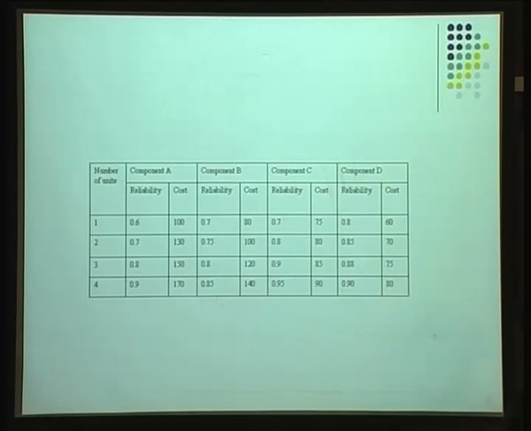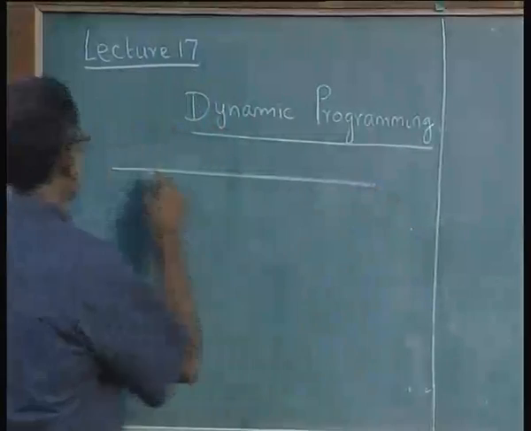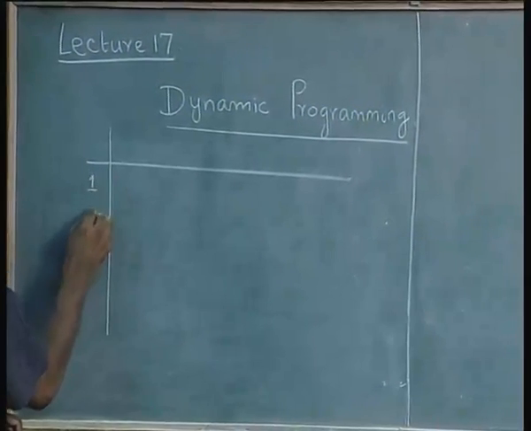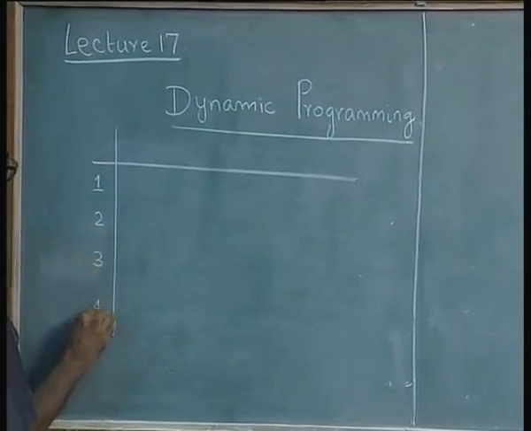Now for these 4 components, the number of units that we could have could be 1, 2, 3 and 4.